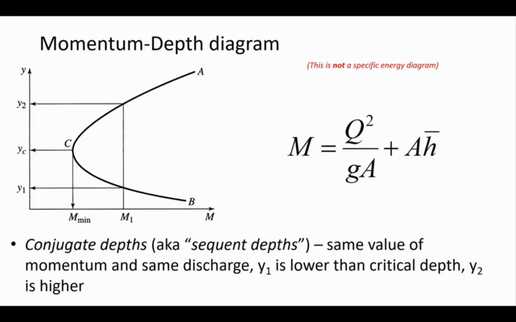It just means two different depths that have the same amount of momentum. One is a supercritical depth, the other is a subcritical depth. And the point that's furthest to the left is an important point. That is the location with critical depth and a minimum amount of momentum.